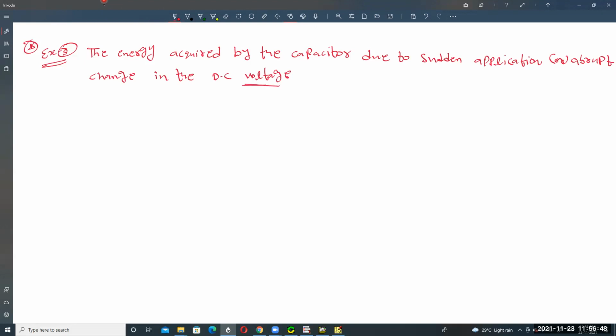So this is our question, and that's our concept: the energy acquired by the capacitor due to sudden application of voltage, or abrupt change in voltage.